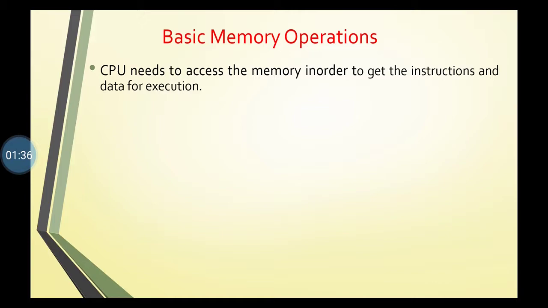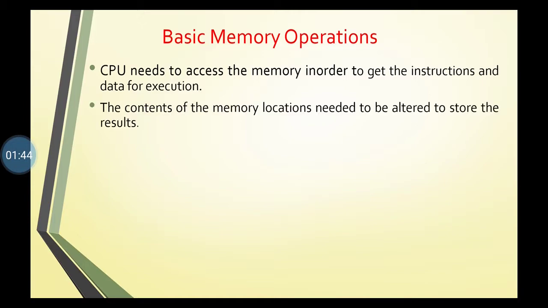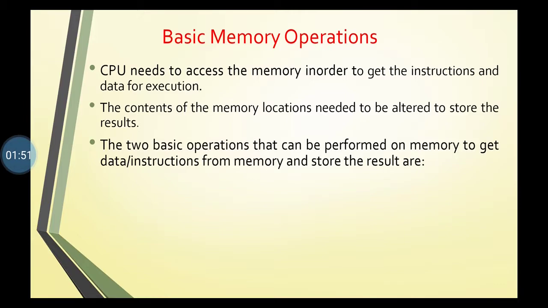Now coming to basic memory operations, CPU needs to access the memory in order to get the instructions and data to process them. The contents of the memory locations also need to be altered to store the result.